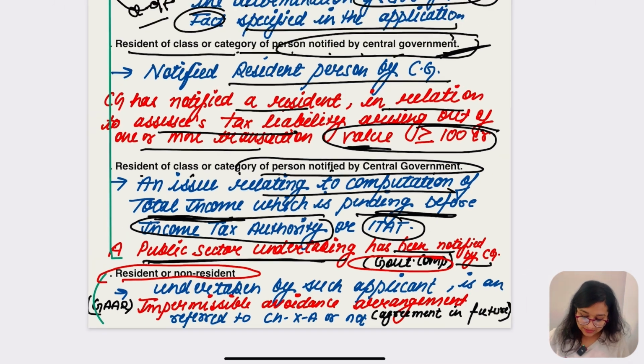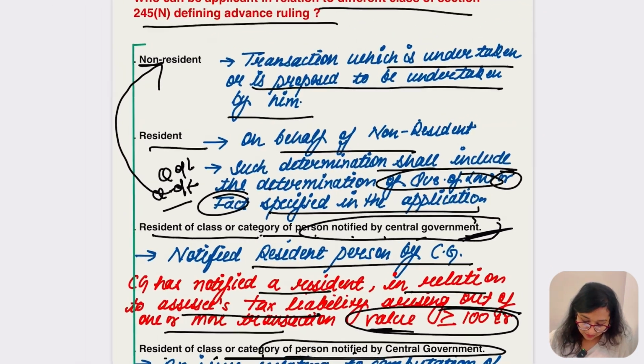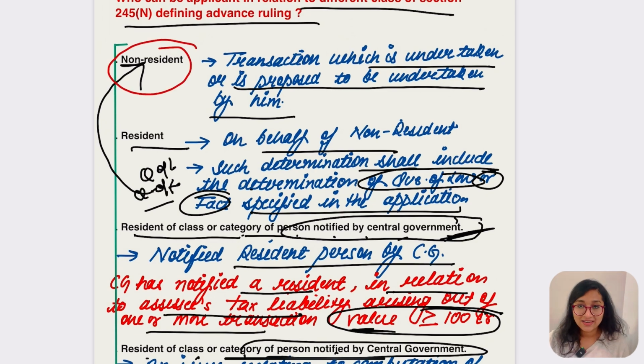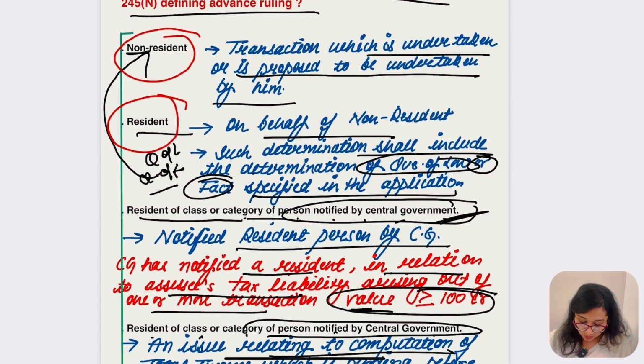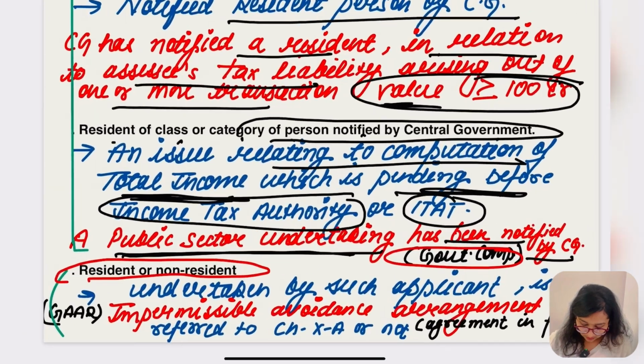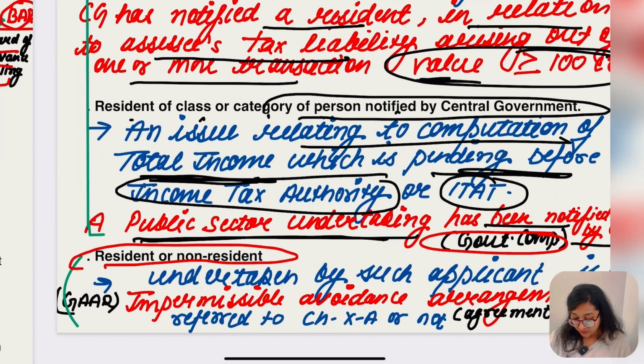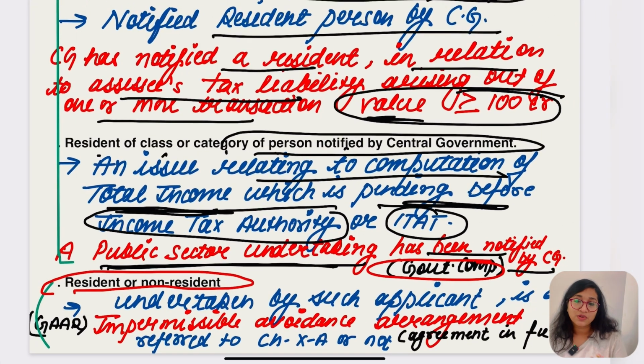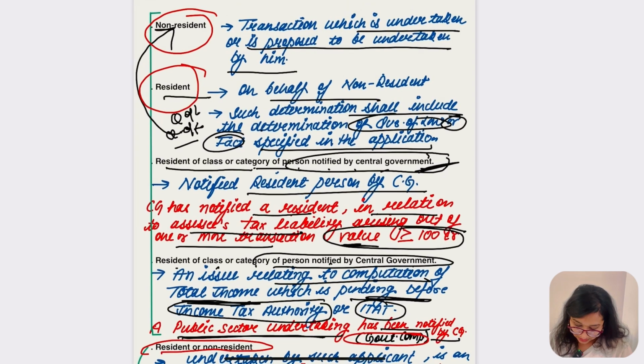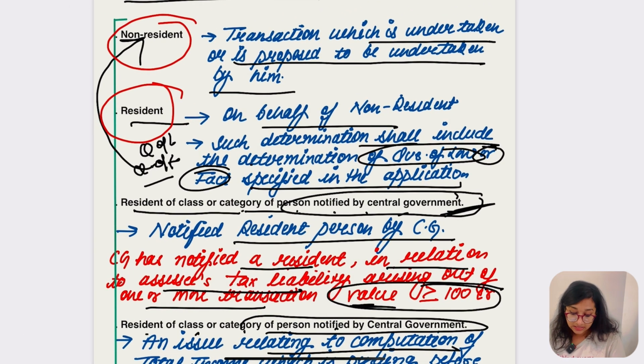And the last one is the resident or non-resident. As I said in the very beginning, we have taken non-resident and we have taken resident. So why in the fifth point are we again taking the applicants as resident or non-resident? Earlier, the transaction was already undertaken or proposed to be undertaken.